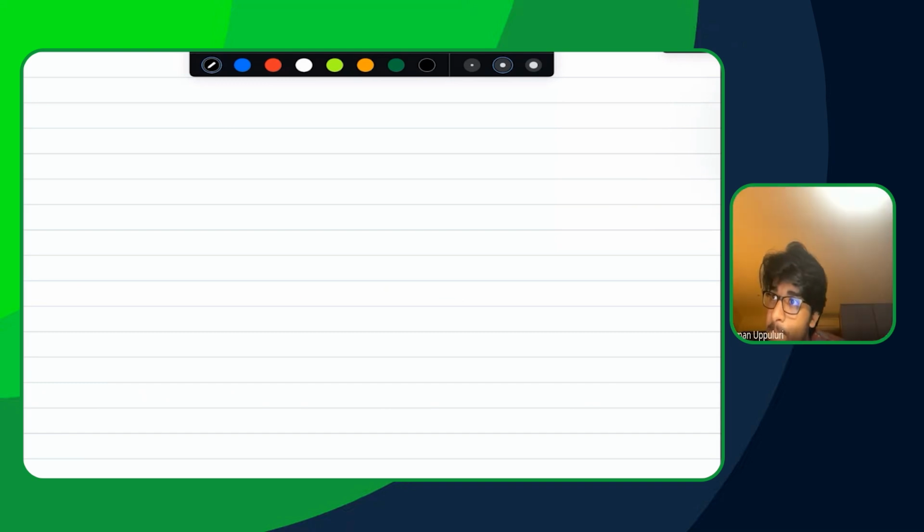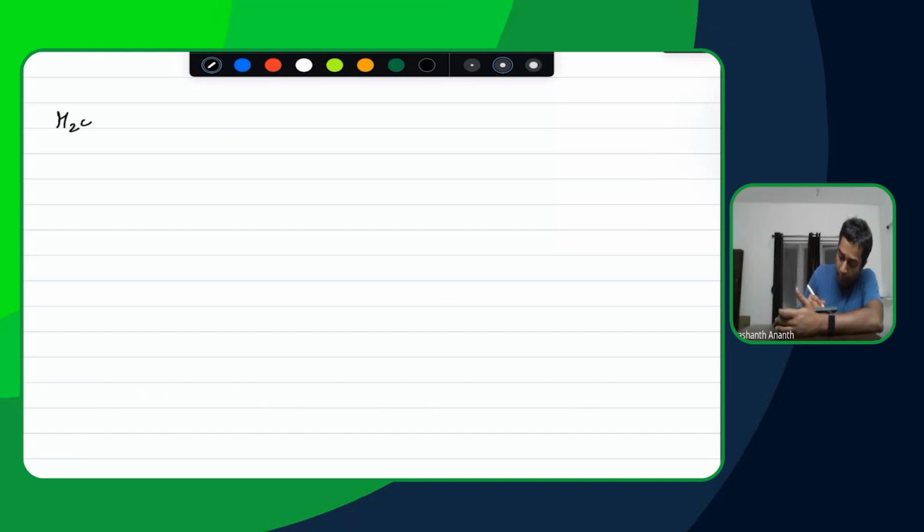So let's say we're going to have some water in a particular beaker. You need to understand vapor pressure. I think you already know vapor pressure.